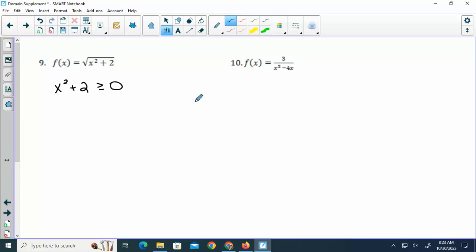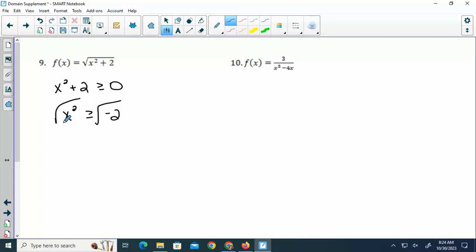No. What would you do then? Okay, so you subtracted the 2. What happens if you try to do the square root right here? It gives you an imaginary.